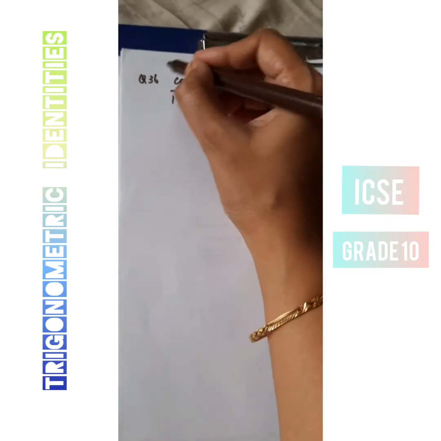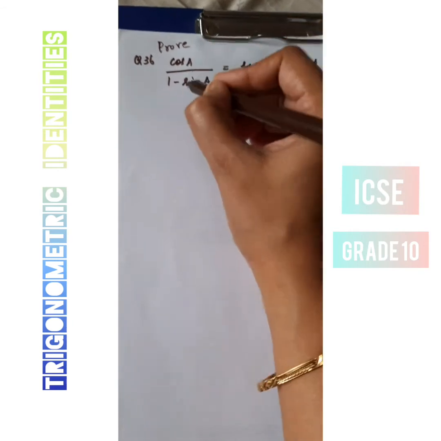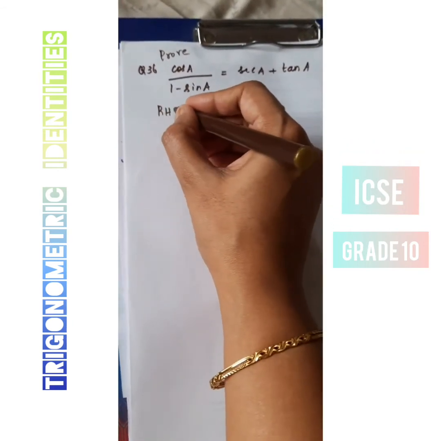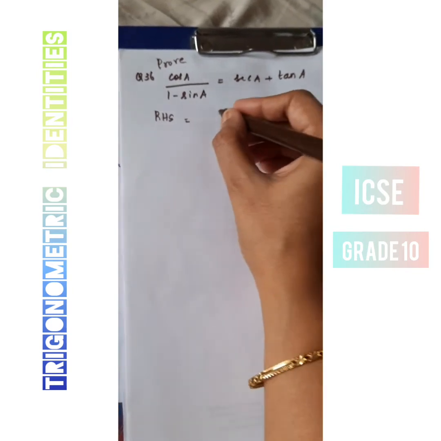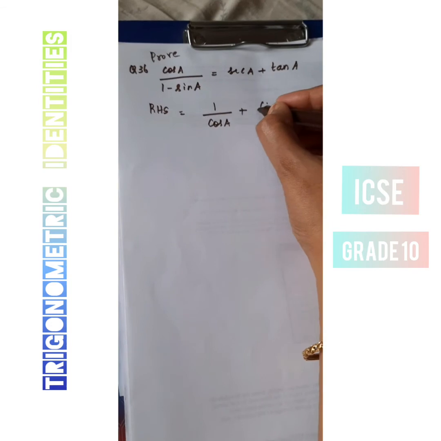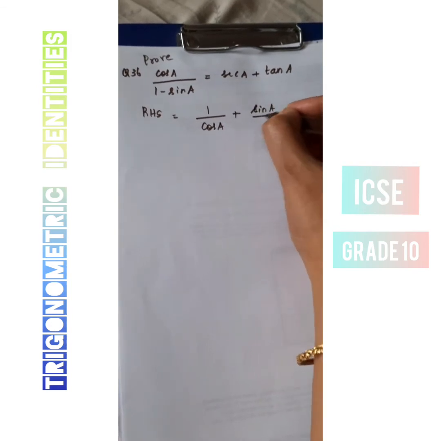Next 36. We need to prove cos A by 1 minus sin A equal to secant A plus tan A. Let's take the RHS. Secant A can be written as 1 by cos A plus sin A by cos A, that's tan.